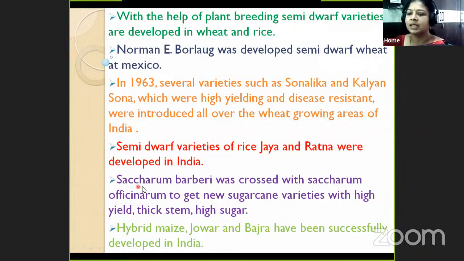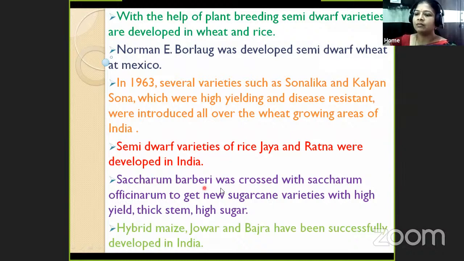Next, Saccharum barberi, which is sugarcane. Saccharum officinarum is the scientific name of sugarcane.